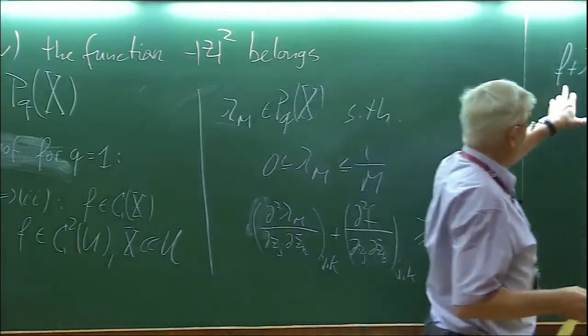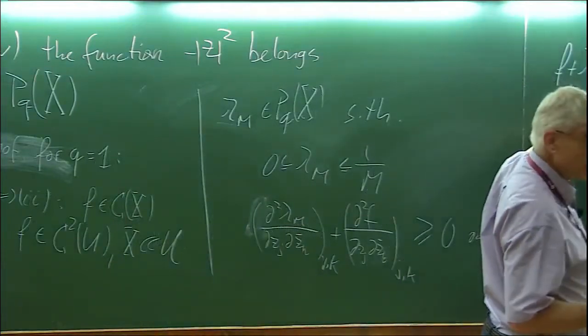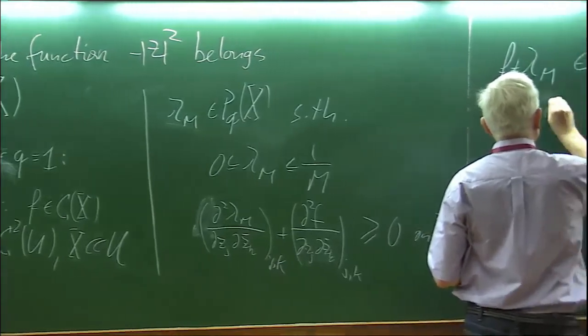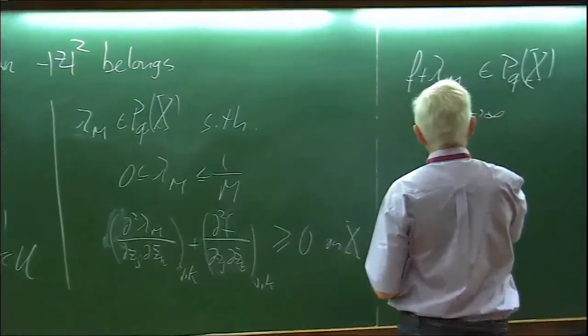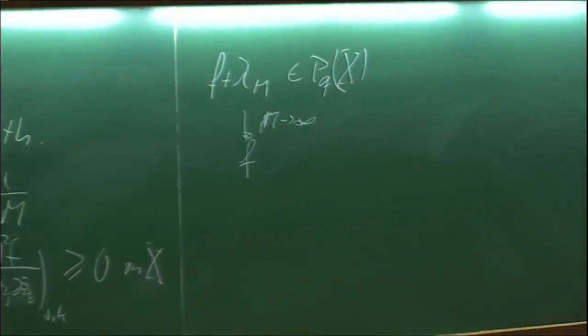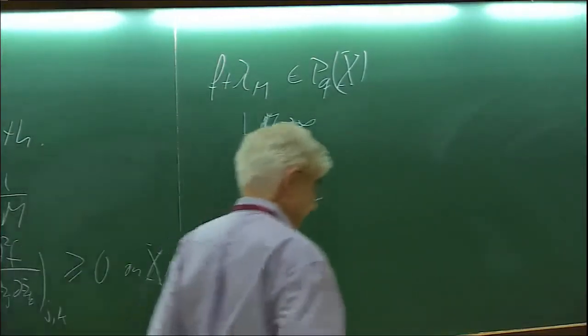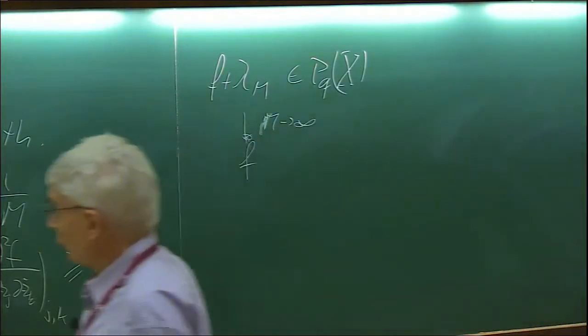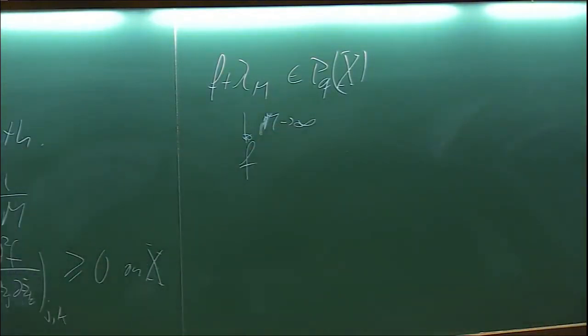So this function is close to f, right? So if we do this and let m go to infinity, these guys will go to f. Then 2 implies 4 is, of course, trivial.